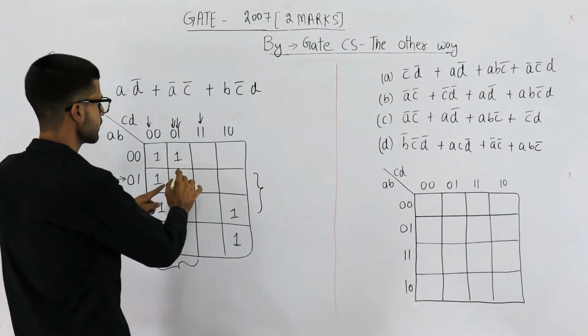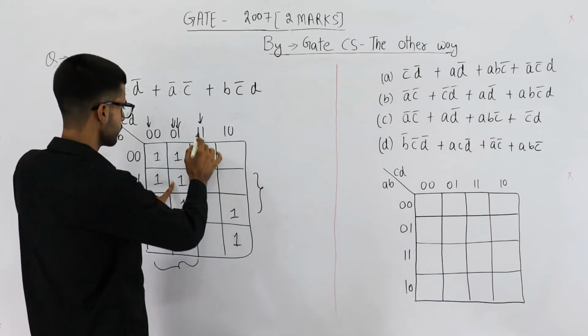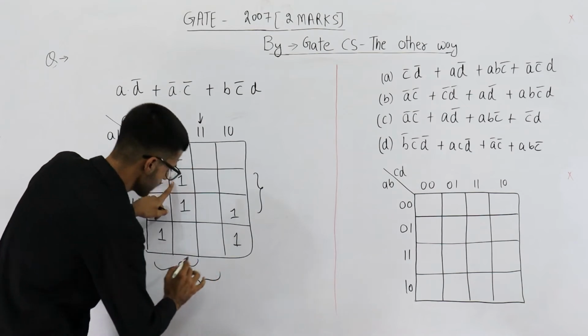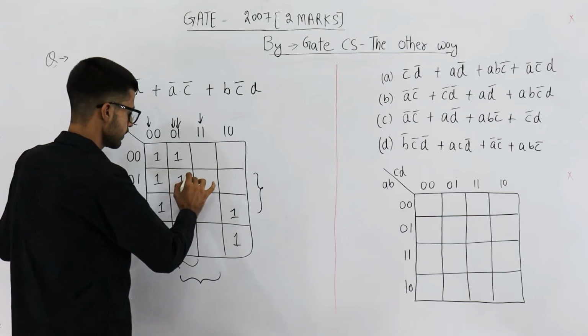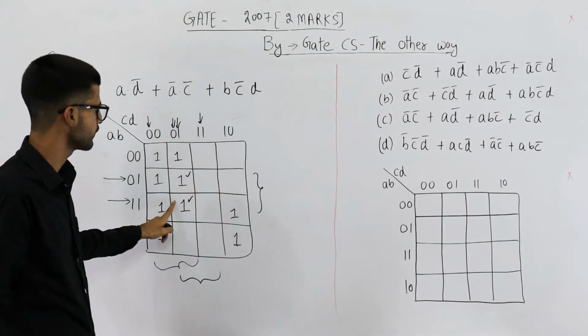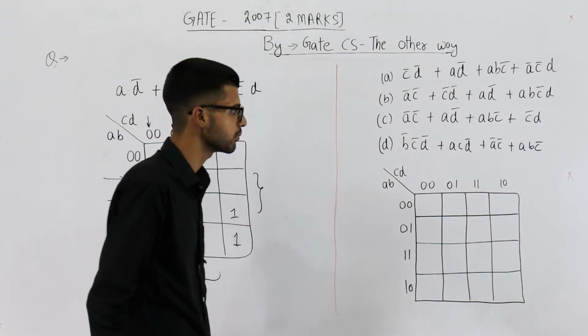But still there's one more condition which says D must be 1. D is 1 for all of these 8. Now you can see the common part is this cell as well as this one. This was already filled. I filled this one just to complete it. This is the K-map that you get.